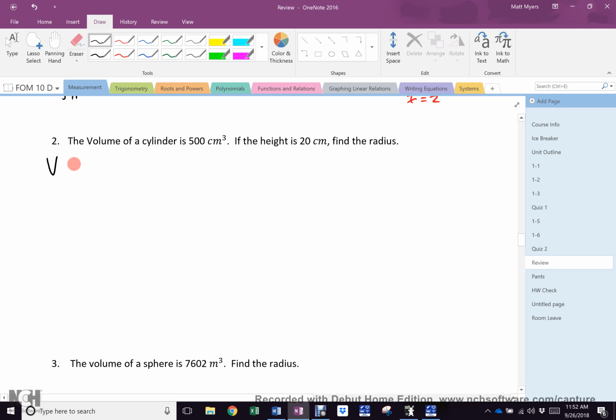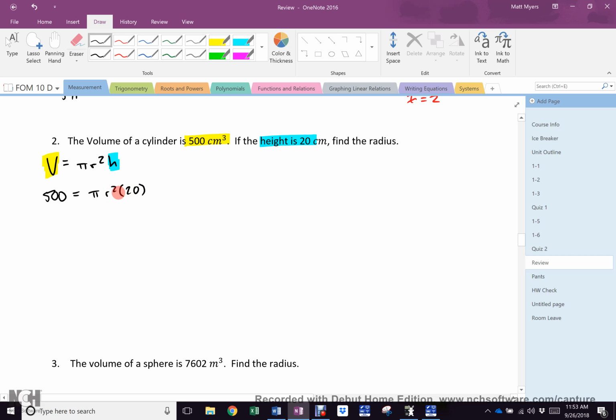The volume of a cylinder equals pi r squared h. You know the volume is 500. You know the h is 20. So this is pi times r squared times 20.